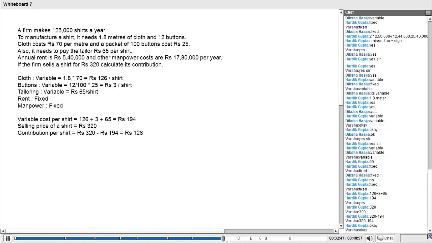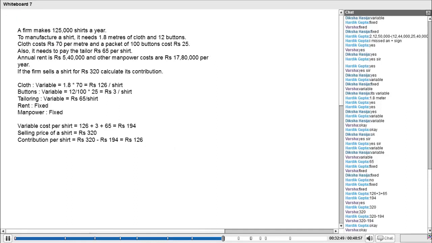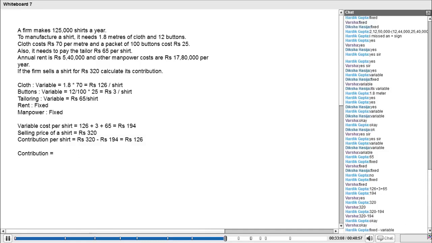So what was the contribution of this company? What is the contribution for this firm? So we had to calculate its contribution. So what is contribution? Fixed minus variable. I did not understand this, Hardik.